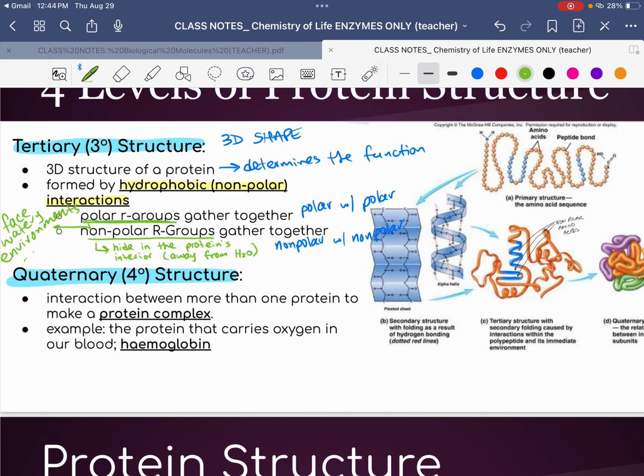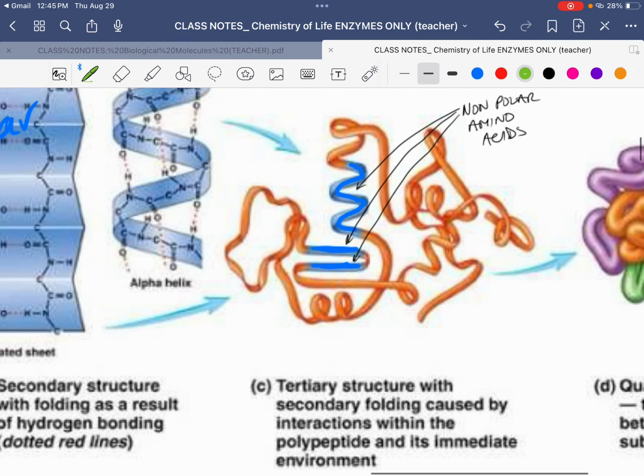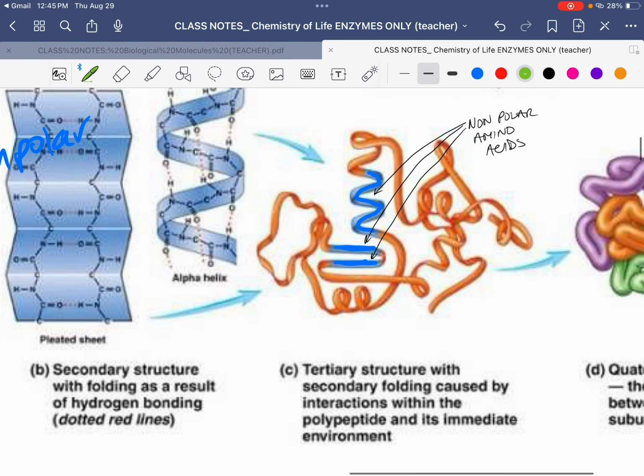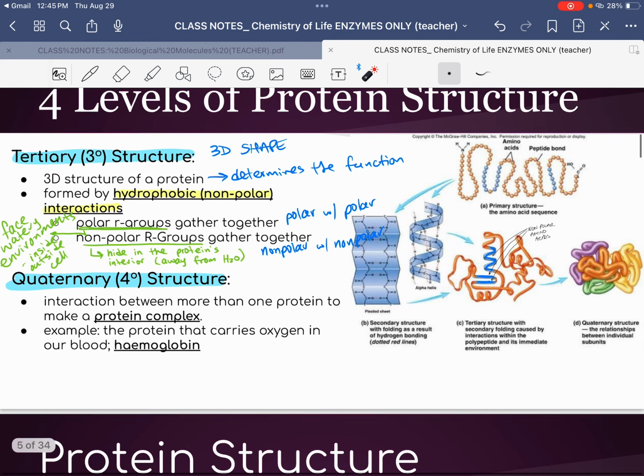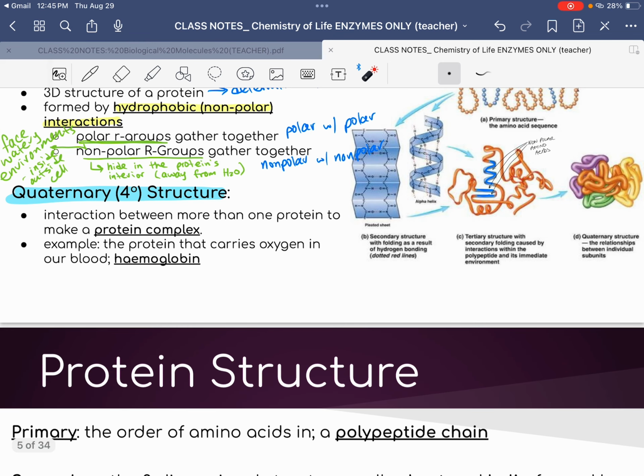So that's like inside and outside the cell. Inside of the cell and outside of the cell has lots of water. So if it's inside the cell, then it'll just face outwards into that watery cellular environment. So that's why it doesn't really matter so much, because they like being out in the water, right? So they don't care about being in the water. It's these nonpolar groups that fold towards the inside of the protein to stay away from the water.